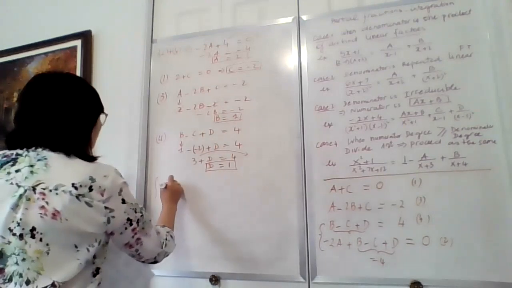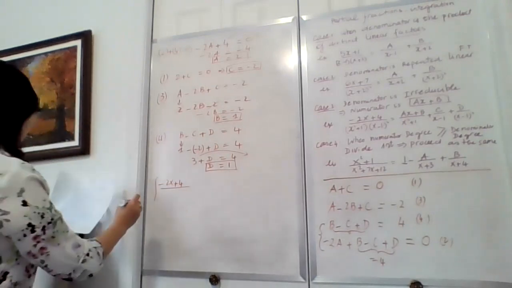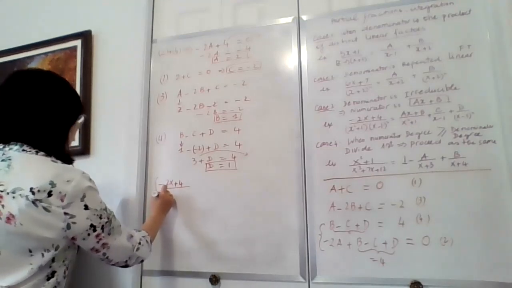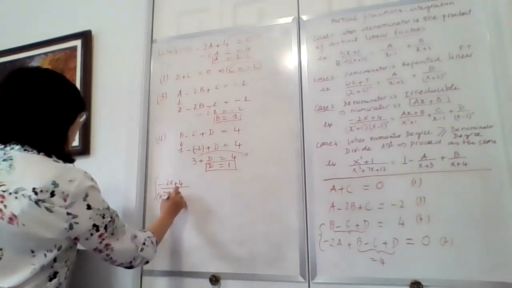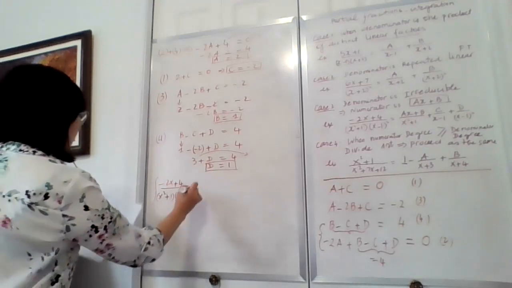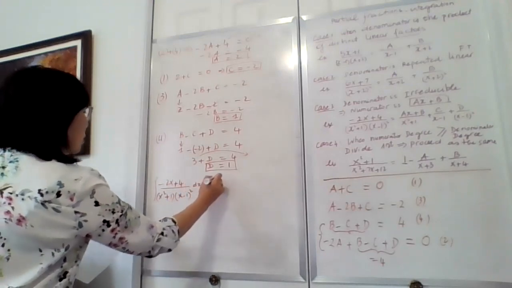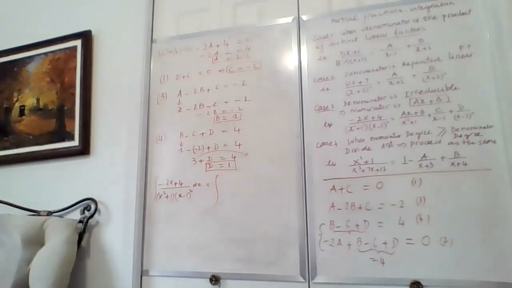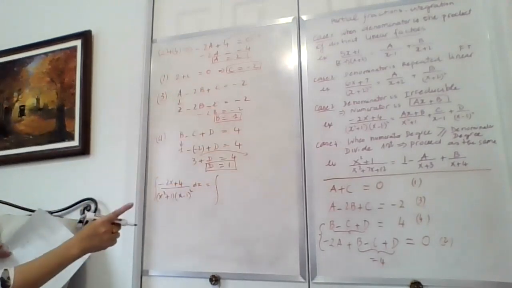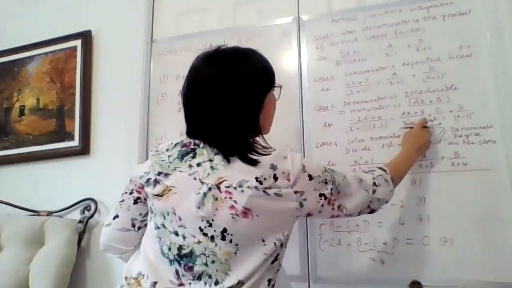We have minus 2x plus 4, all of this over x squared plus 1 times x minus 1 to the power 2, dx. So now we break it down. Look at this one here.